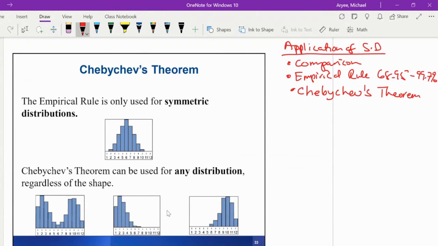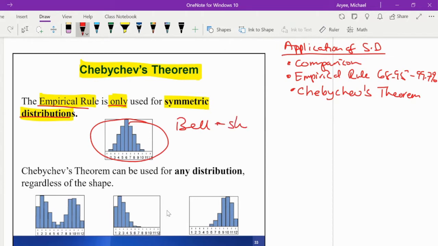Now, the Chebyshev theorem is very similar to the empirical rule. The only thing is that the empirical rule is only used for a symmetrical distribution that looks bell-shaped or normal.